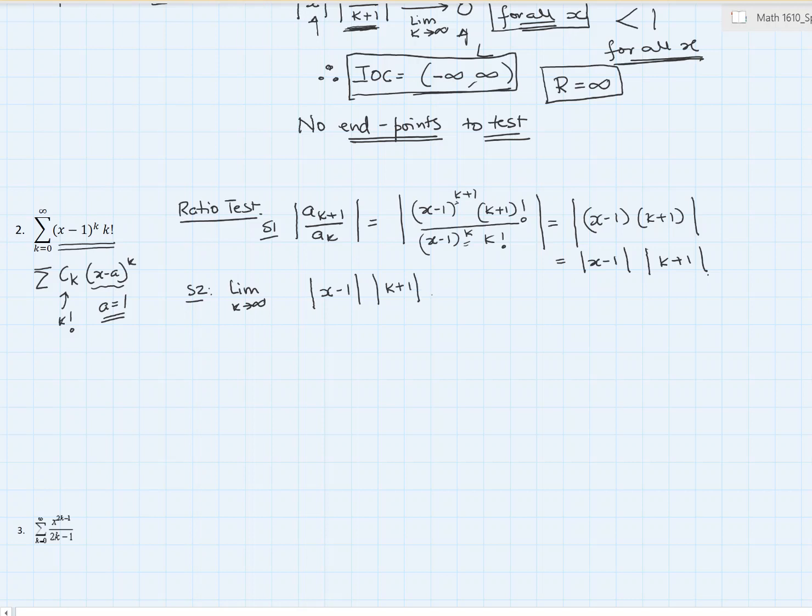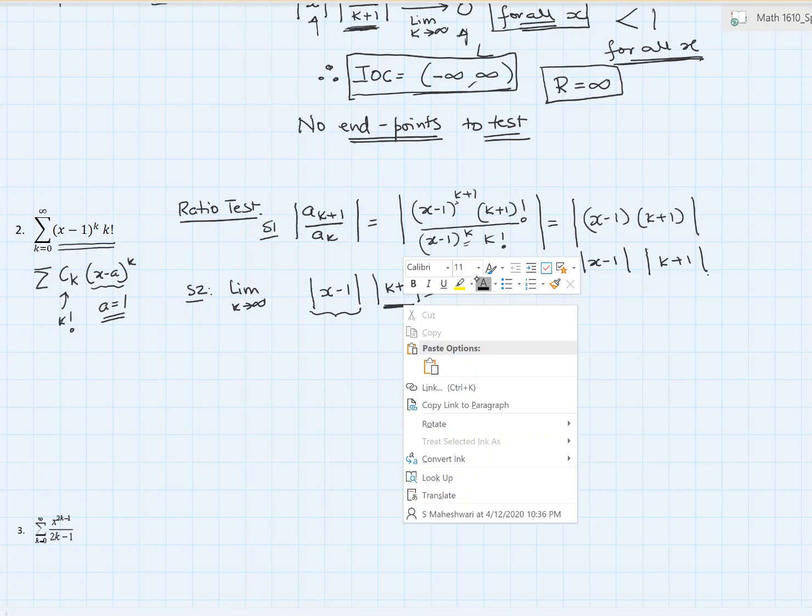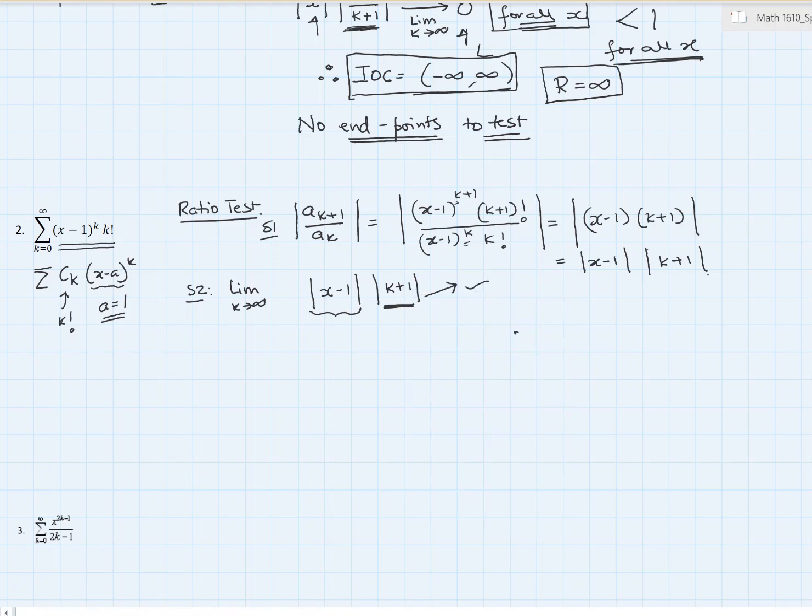Now here's the thing to notice, that since k plus 1 is in the numerator, if x minus 1 takes any value other than 0 and k is going to infinity, this is going to go to infinity if x minus 1 is not 0.